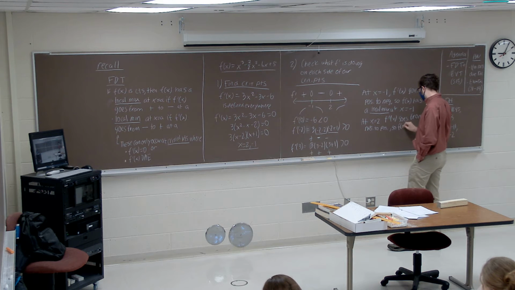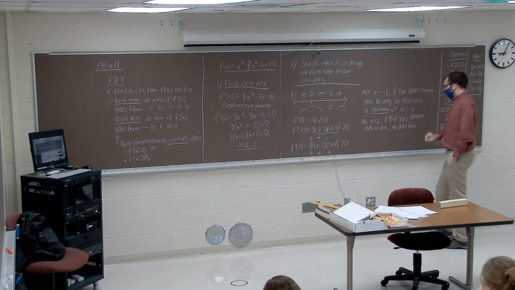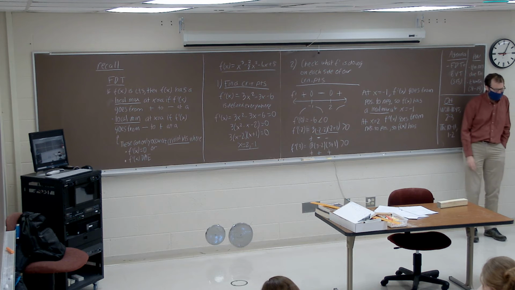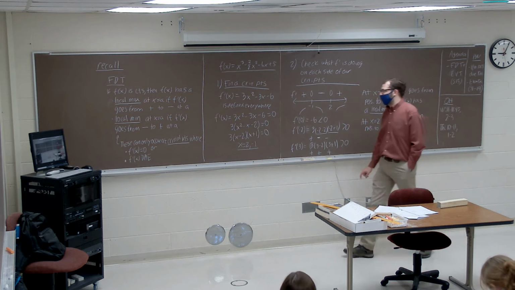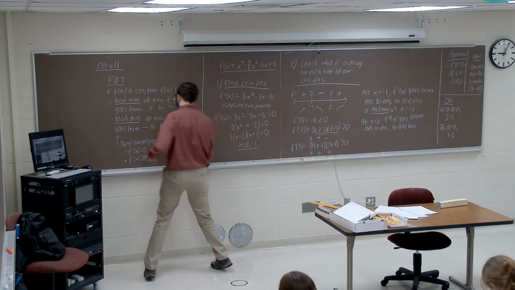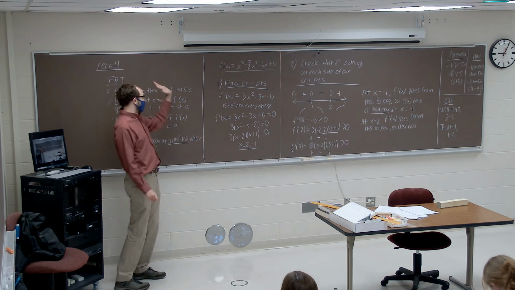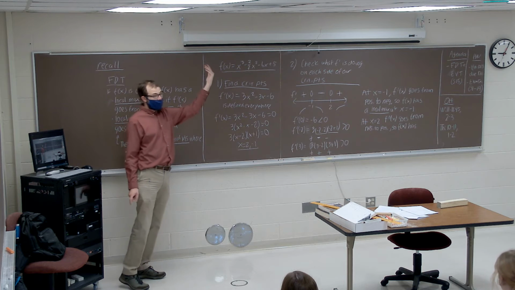So f of x is going to have what going on at x equals positive 2? It's going to have a local min. Because a local min happens when your function goes from decreasing to increasing again.